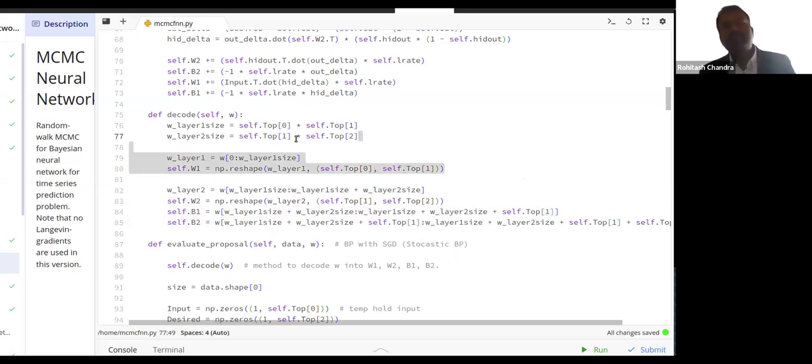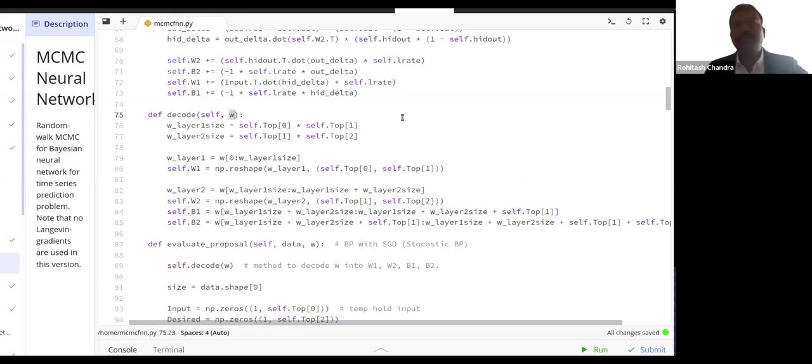So we have the weights and biases. Note that in the case of neural networks, we are not having a vector of weights and biases, but we have two matrices and vectors, right? Meaning that we have the W1 matrix, W2 matrix, bias 2, which is a vector, bias 1, which is a vector. But they are all flattened.